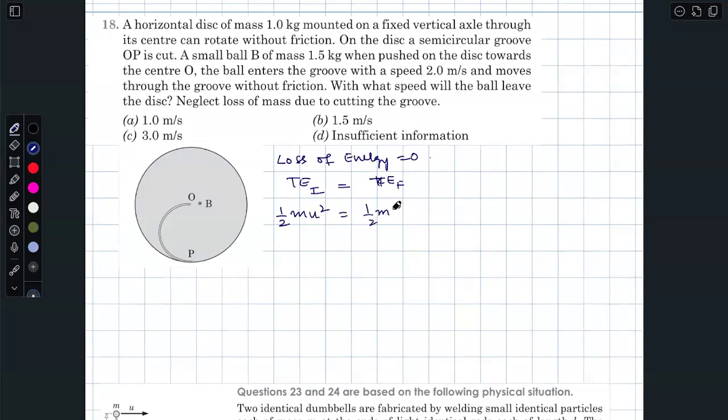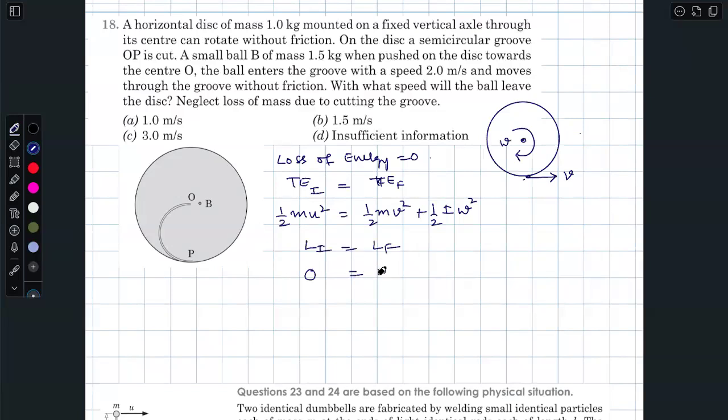The point mass will come out with velocity v, and the remaining portion of the disc will have omega. Immediately by the time it comes out, this point will have velocity v, and the disc will have an angular velocity omega. Clear? But angular momentum is also conserved. L initial is L final. L initial is 0. Why? Nothing is there for you.